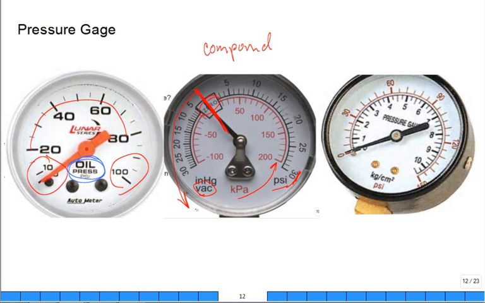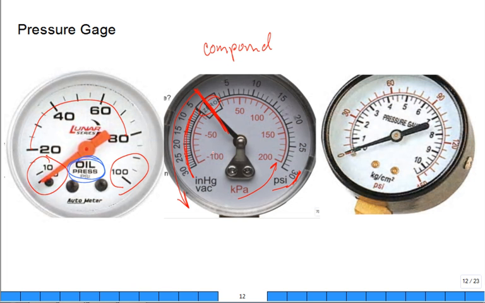VAC. It's a compound gauge, indicating you can measure vacuum as well as positive pressure. What units do they use in black for vacuum measurements? Inches of mercury. And so 1 ATM is around 29.92 inches of mercury, 30 inches of mercury.